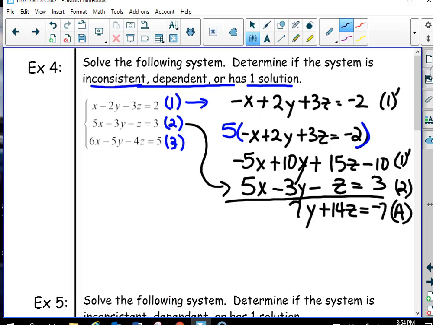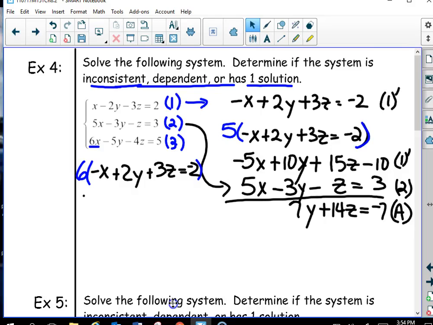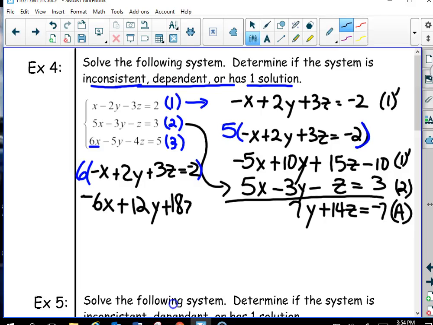I'm going to take equation 1 modified with the negative, and I'm going to multiply that by 6. That'll help me eliminate the x's with equation 3. So 6 times -x plus 2y plus 3z equals -2 gives -6x plus 12y plus 18z equals -12.